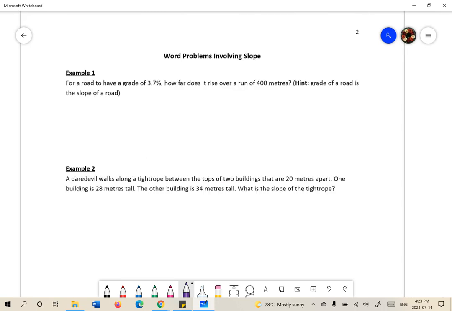Let's look at some word problems. For a road to have a grade of 3.7%, how far does it rise over a run of 400 meters? Now it tells you that the grade of a road is the slope. So the grade of 3.7%, this is my slope.